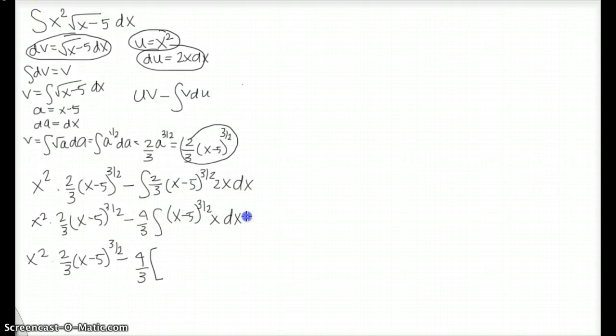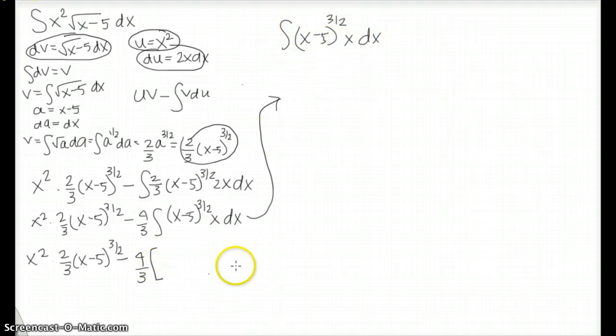So I'm going to go ahead and solve this integral all the way up here. So we have x minus 5, whoops, sorry about that, that's a 5, to the 3/2 times x dx. So whatever we solve this integral to be is going to go in this set of parentheses here. We'll close the parentheses plus c, and this whole thing will be our final answer. There's a lot of steps, so we just kind of want to make sure we're all following.